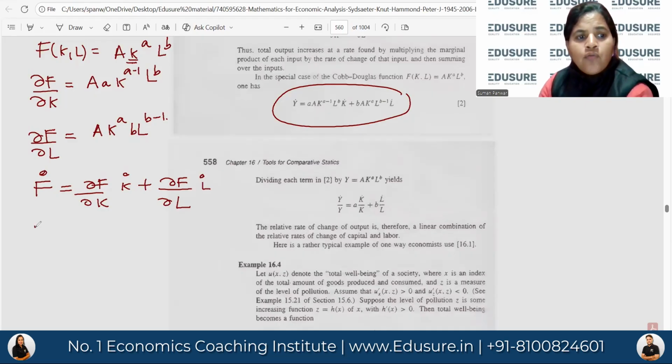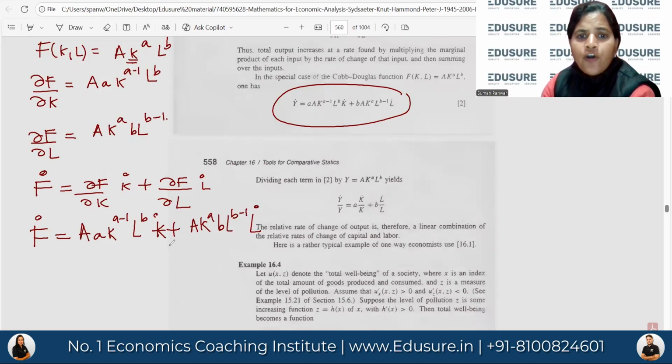It can be wages or other conditions of the company. Okay. So now what is my f dot? So f dot is del f by del k, which is A a k^(a-1) l^b, times k dot, plus A b k^a l^(b-1), l dot.